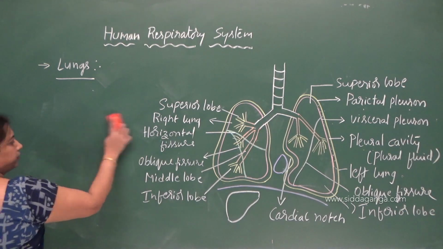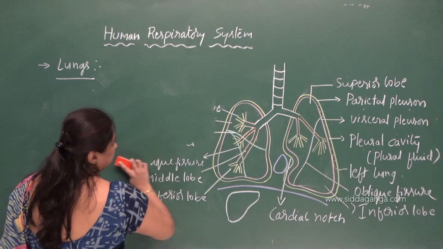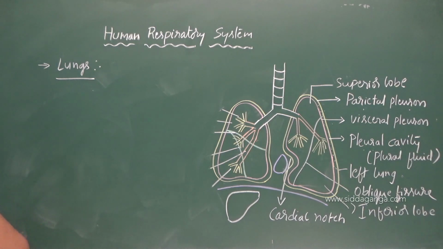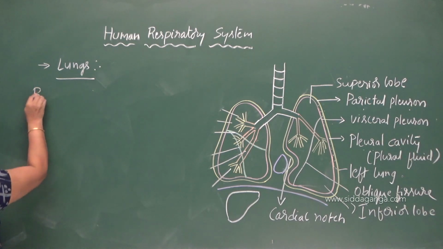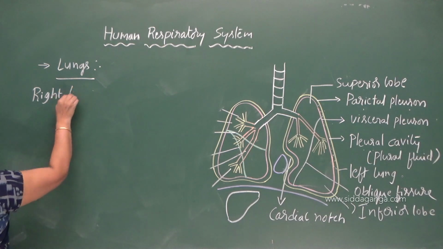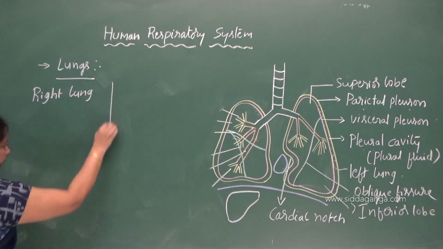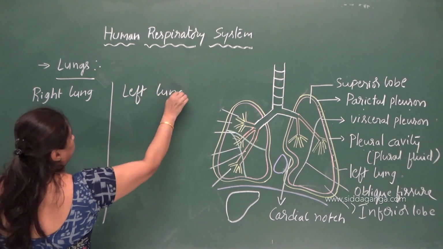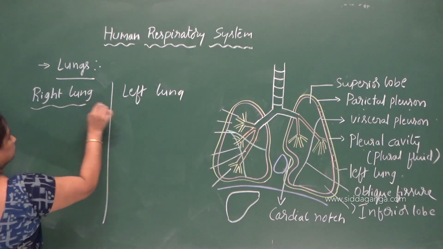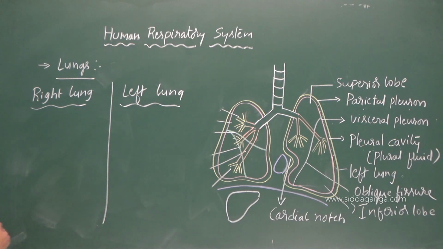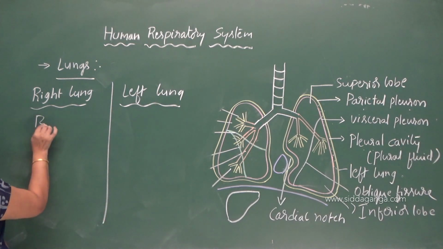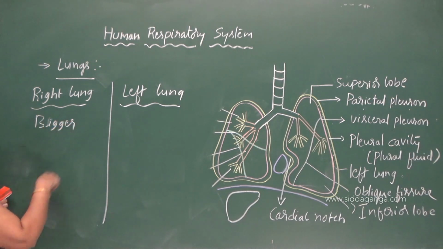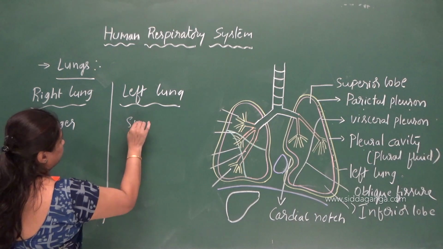Okay, let me write the difference between the right and the left lung. Can you tell me the difference now? Right lung, left lung. The right lung is bigger, the left lung is smaller.